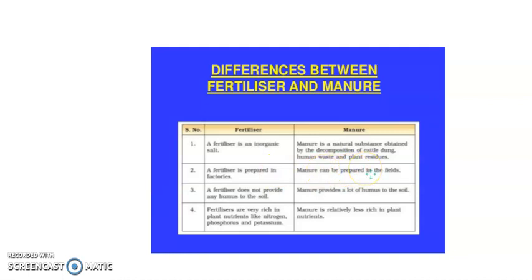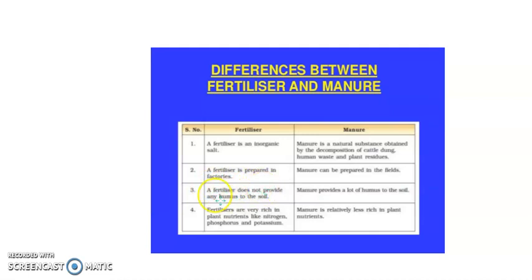You can prepare it on your own. You might have observed your parents using natural manure, like cow dung, for planting at home. Such things are naturally obtained, while fertilizers are obtained in factories.